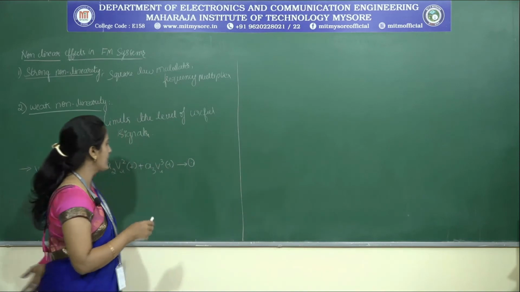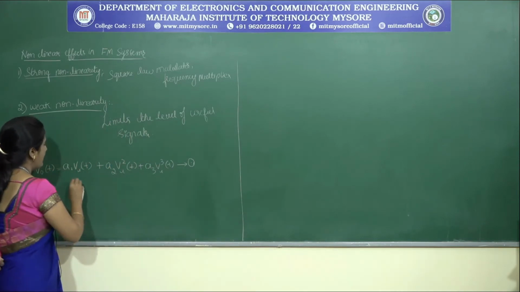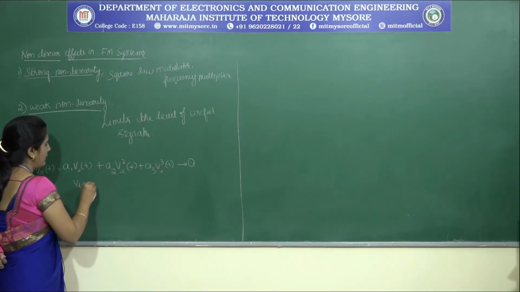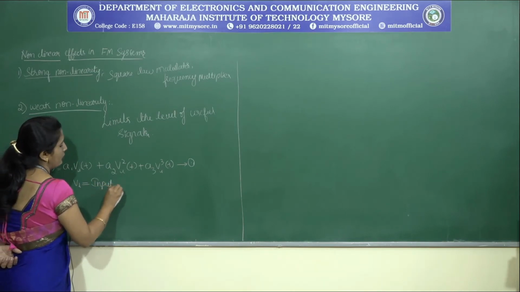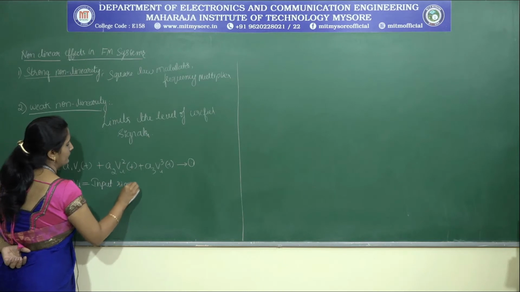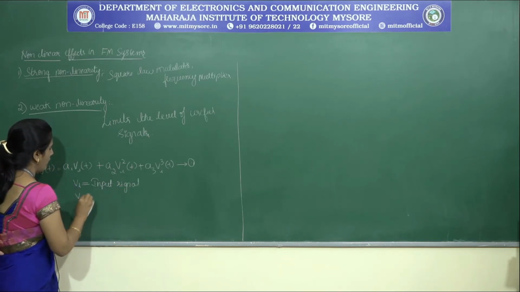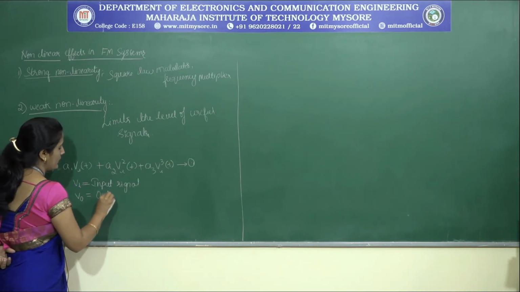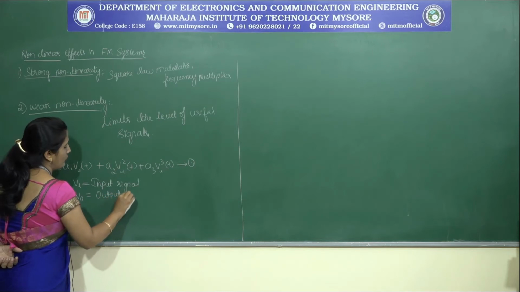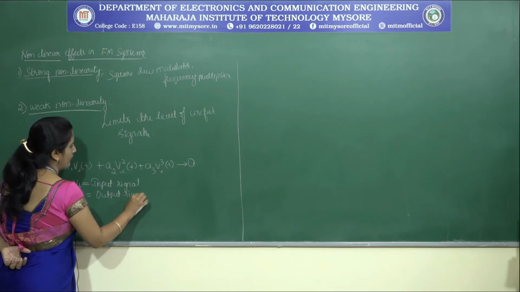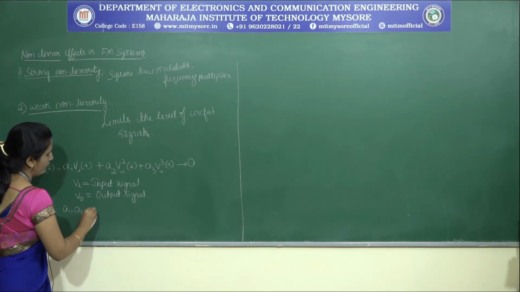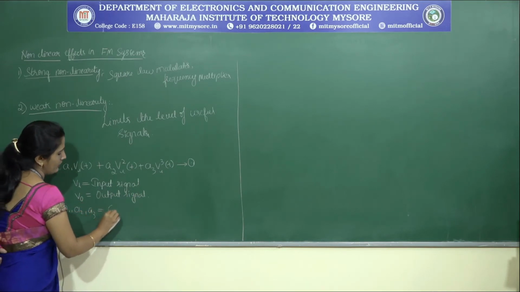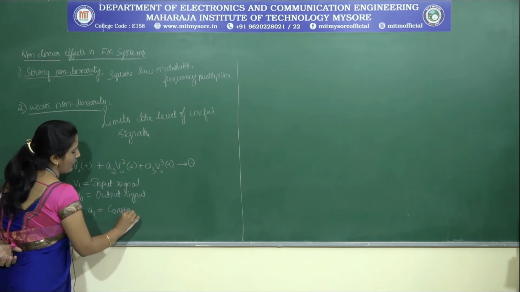Let us consider this as equation number 1, where Vi is the input signal and V naught is the output signal, whereas A1, A2, A3 are constants.